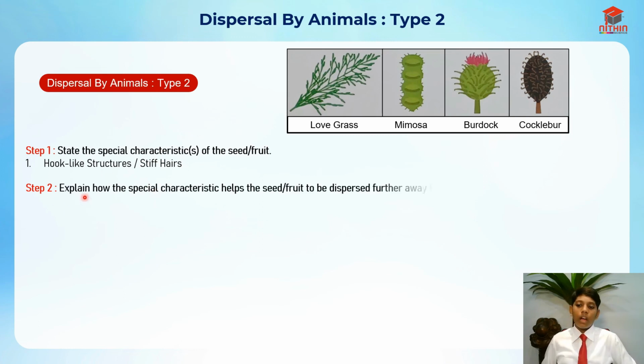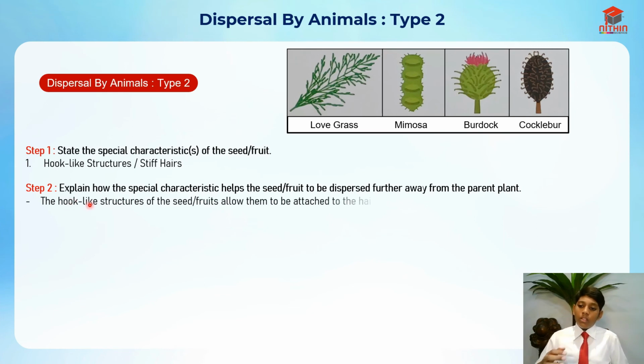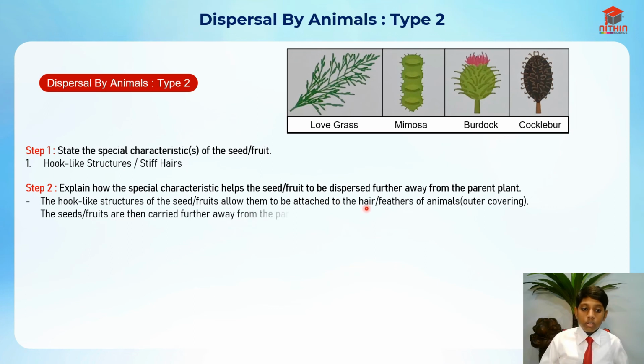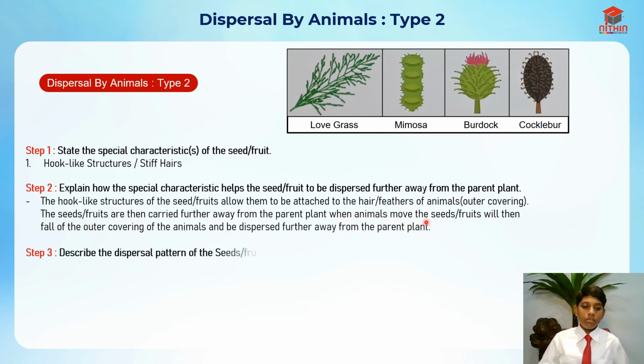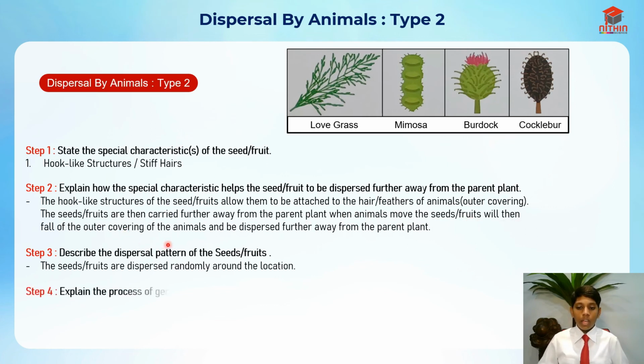Step 2, explaining the special characteristic. The hook-like structures of the seeds or fruits allow them to be attached to the hair, feathers or outer covering of animals. The seeds or the fruits are then carried further away from the parent plant. When animals move, the seeds or fruits will then fall off the outer covering of the animals and be dispersed further away from the parent plant.